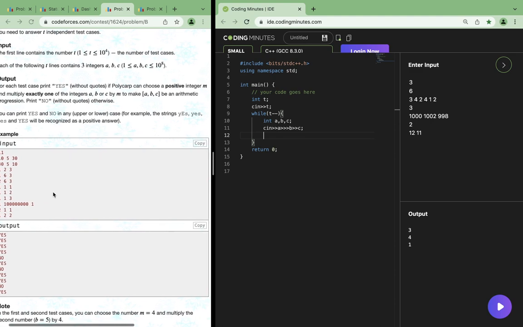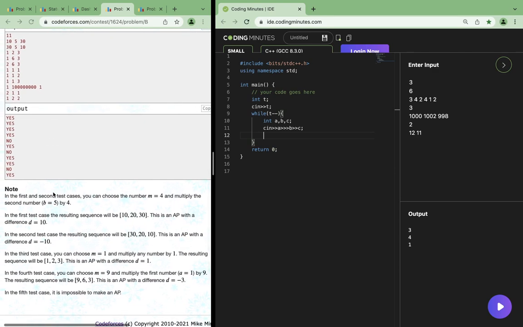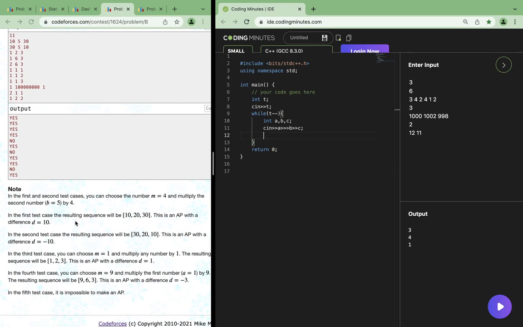No, otherwise. Okay, you can choose number m and multiply the second number by 4.